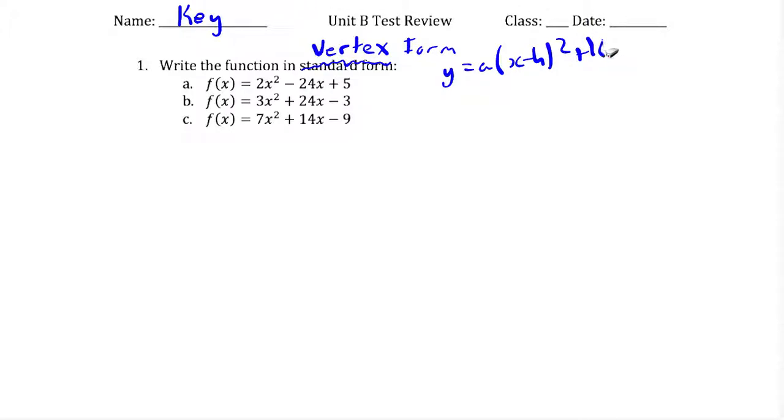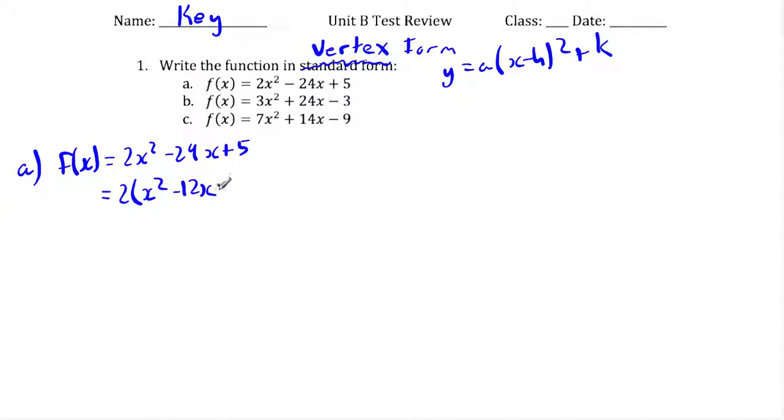So in order to do this, what we need to do is the process of completing the square. So if I look at that first one, a, I have f of x is equal to 2x squared minus 24x plus 5. So what I need to do is factor out the leading coefficient from the first two terms.